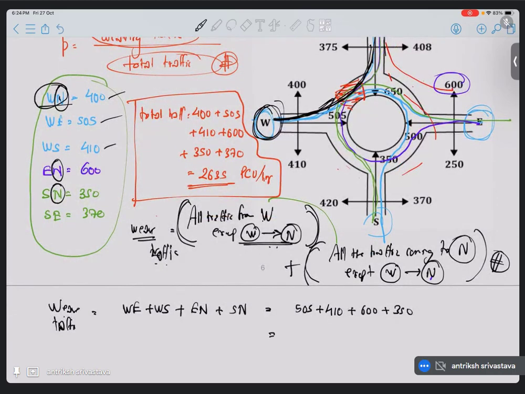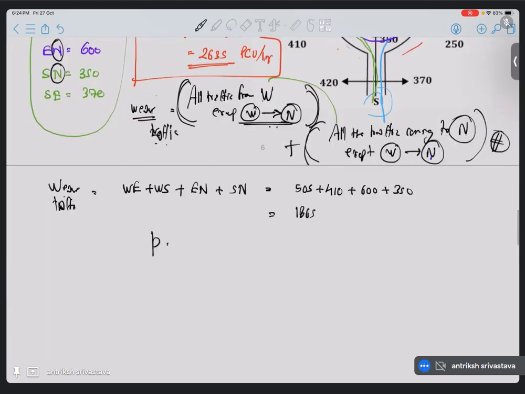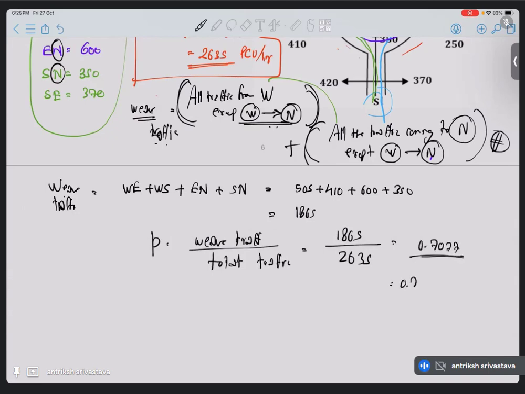505 plus 410 plus 600 plus 350, we have 1865. And weave ratio is nothing but, again, weave traffic divided by total traffic, that is 1865 divided by 2635, and that comes out to be 0.7077, that is nothing but 0.7, and that is your answer.